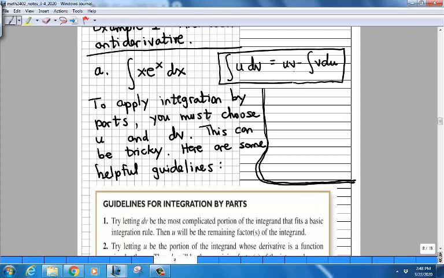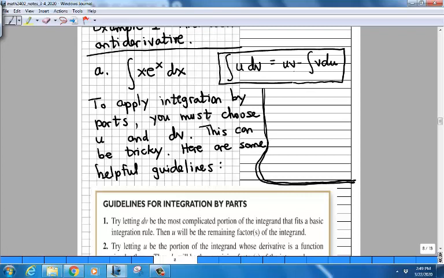But it turns out that the anti-product rule, or the integration by parts formula, is exactly the tool that will allow us to integrate this expression, x times e to the x. You're not going to be able to integrate this by substitution. You're not going to be able to integrate this by using the anti-power rule, but you are going to be able to integrate this by using integration by parts, or the anti-product rule.